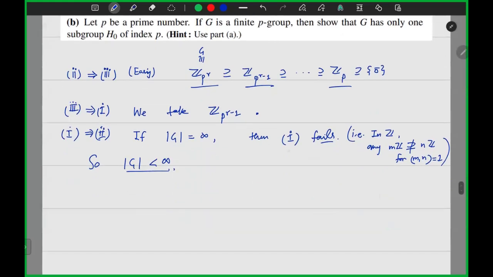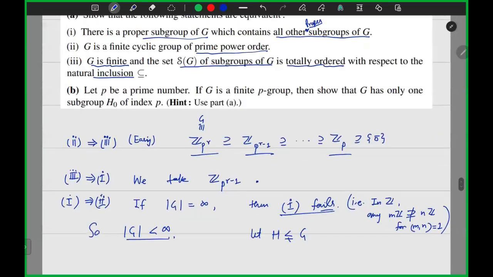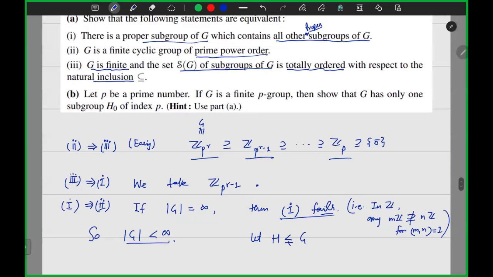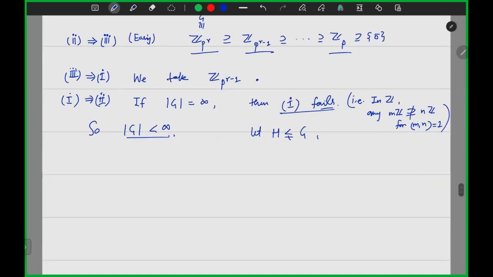Okay, one fails. How to prove this one fails? Let H be a proper subgroup of G which contains all other subgroups. Then, because this is proper, take an element a from G but not from H. What will happen to the cyclic subgroup generated by a?